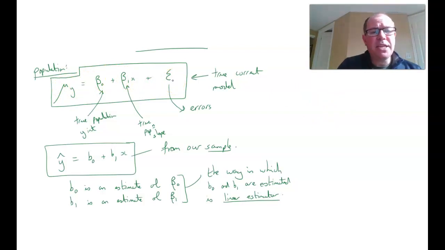Now, we have taken a sample of 250 men, and from our 250 men, we've got an estimate of beta 0, which we're calling b0. That's our actual regression line y-intercept. And we've got an estimate for beta 1, b1. And b1 is estimating beta 1. So it's really important to think of b0 as an estimate of beta 0 and b1 as an estimate of beta 1.